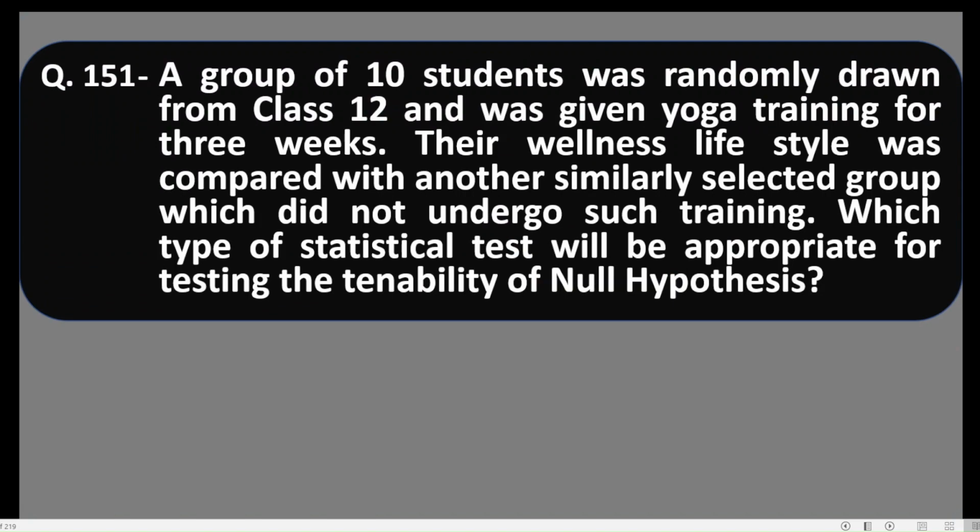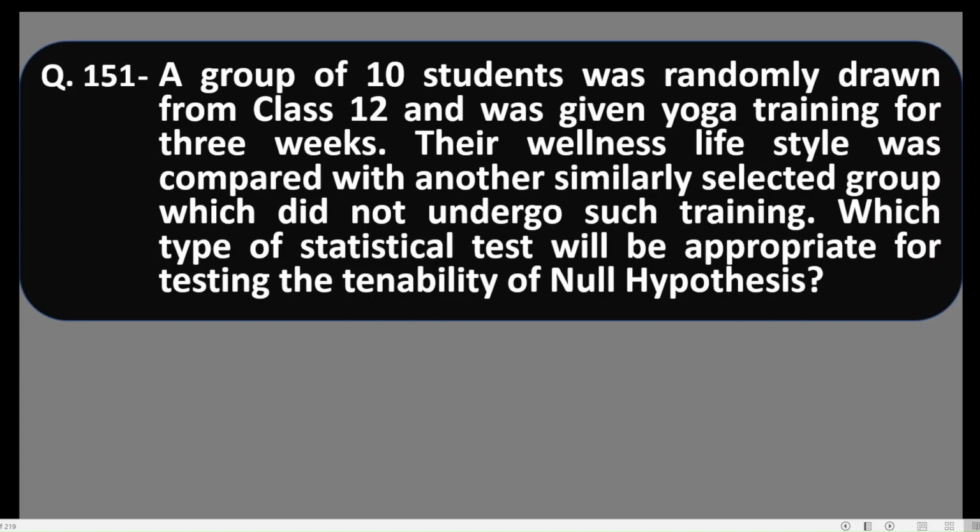Question number 151. A group of 10 students was randomly drawn from class 12 and was given yoga training for 3 weeks. Their wellness lifestyle was compared with another similarly selected group which did not undergo such training.